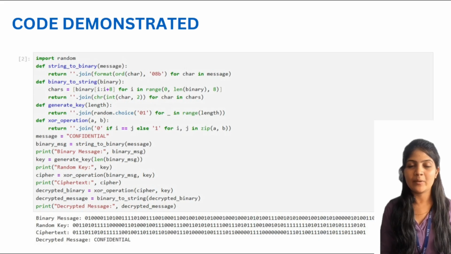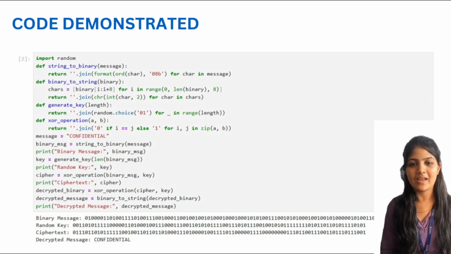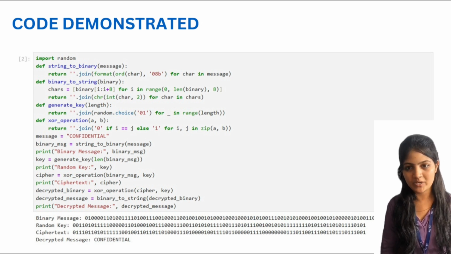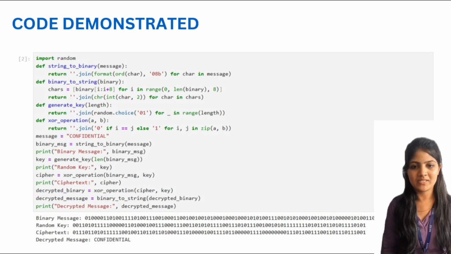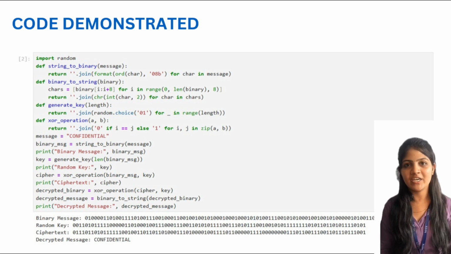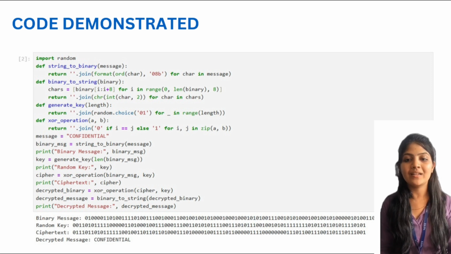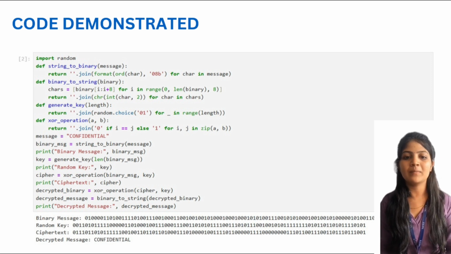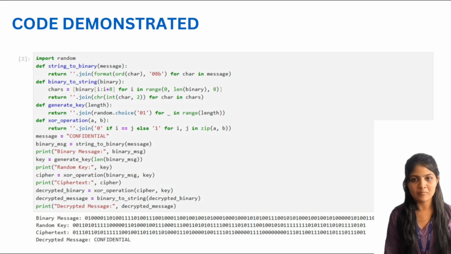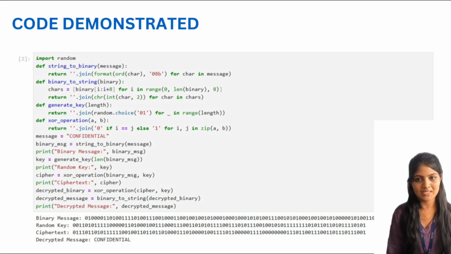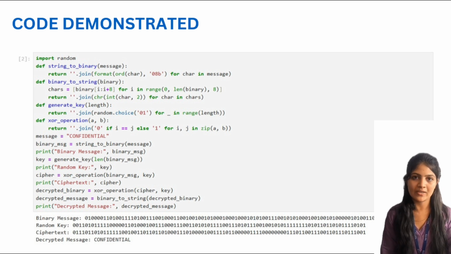This Python code demonstrates one-time pad encryption using the XOR operation. First, the plain text message confidential is converted into binary format. Then a random binary key of the same length is generated. The program performs XOR between the binary message and the random key to produce the ciphertext.